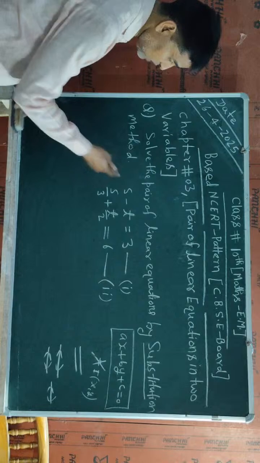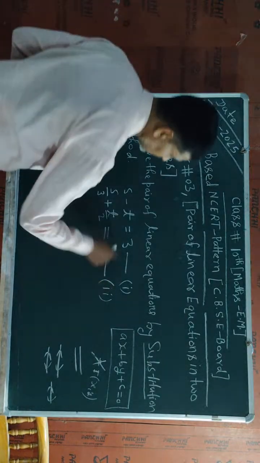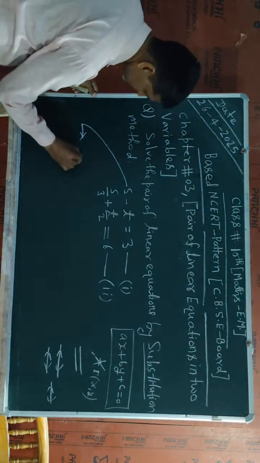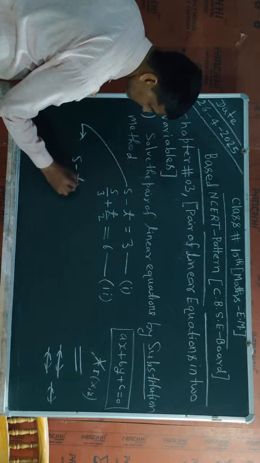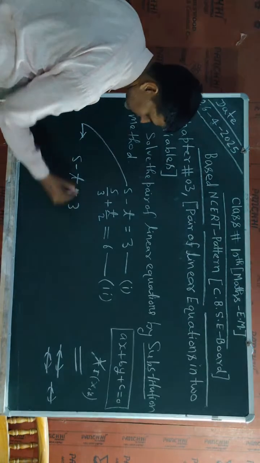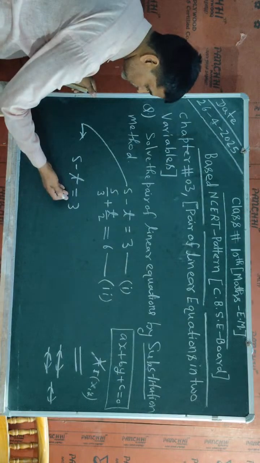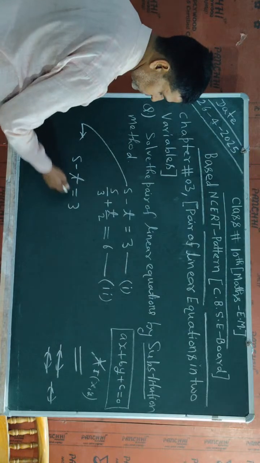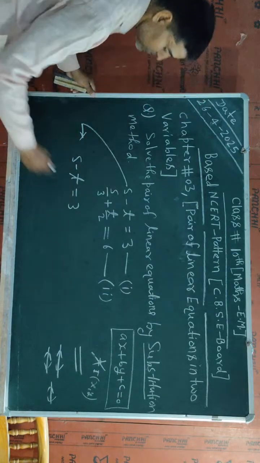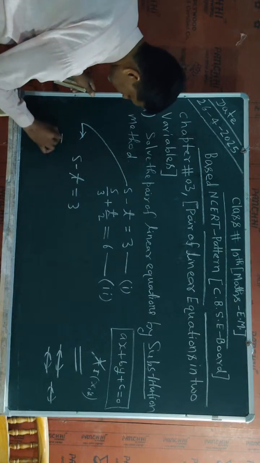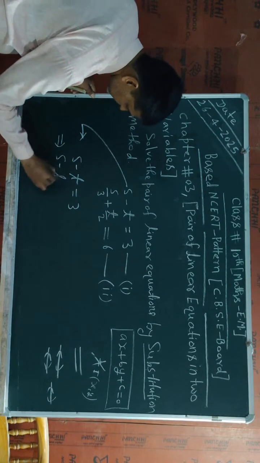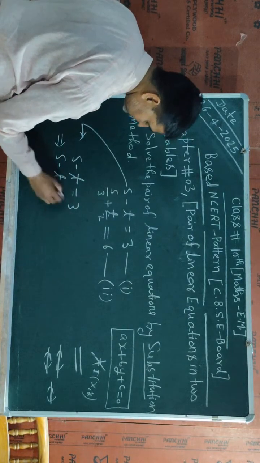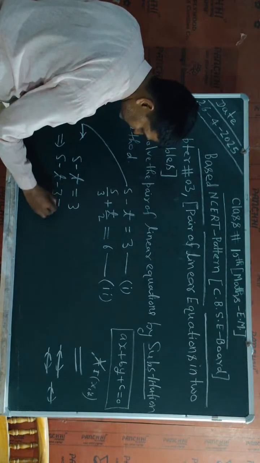So now further I am going to simplify these two equations in this part. This equation I can write as s minus t equals 3, as given in the question. Now this is the expression on the left hand side, with s and t available, but on the right hand side a constant is available. Now the constant term I will take to the left hand side, that will be s minus t, because this 3 has a plus sign, it will go to the left hand side and change its sign, so it will be minus 3 equal to 0.